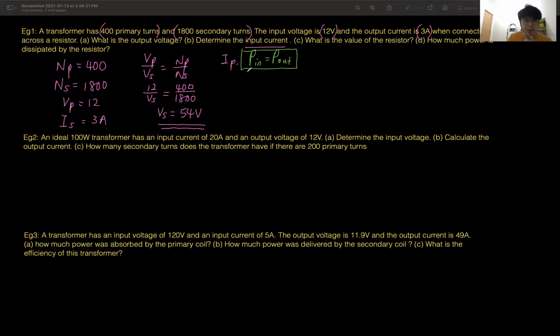So I can write P equals IV: IPVP equals ISVS. So IP times 12 equals 3 times 54. Then my IP would be 13.5 amps.